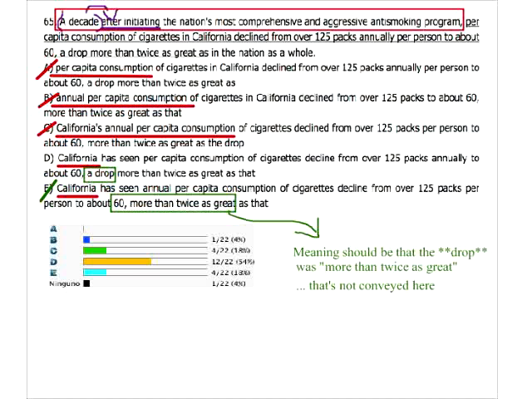The other error is another redundancy error. Does anybody see the redundancy in choice E? Remember the examples we gave of redundancy before.